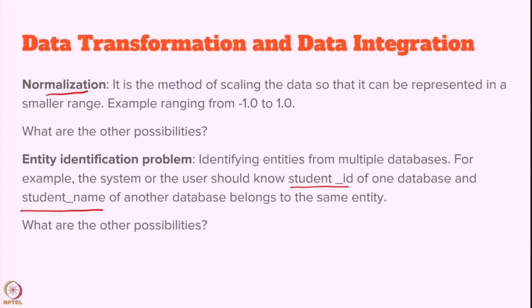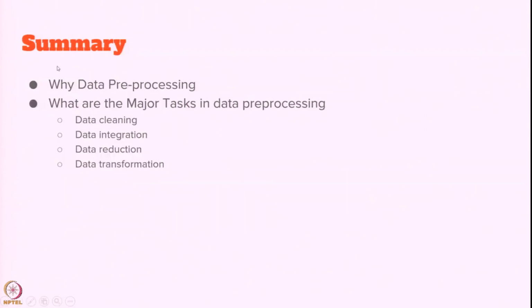Now you understood the various tasks in the data preprocessing. To summarize, in this video we understood why data preprocessing is required, what are the factors where it shows the requirement of data preprocessing, and then we saw what are the major tasks in data preprocessing. We saw what is data cleaning, and also in that we saw what is data editing. Then we understood what is data integration.